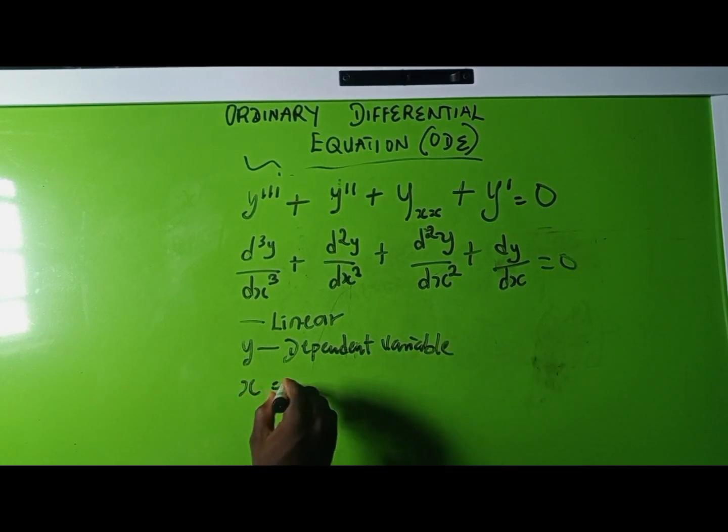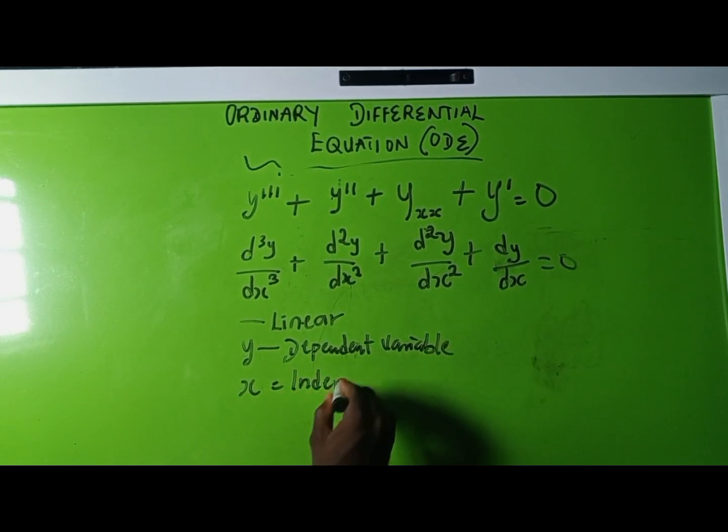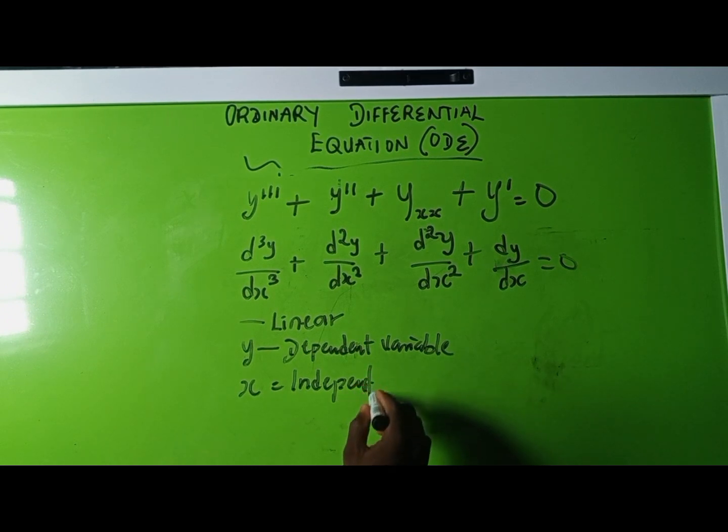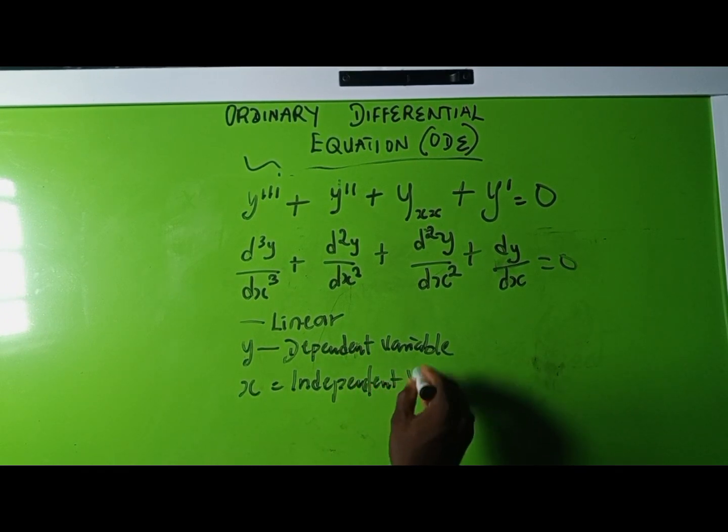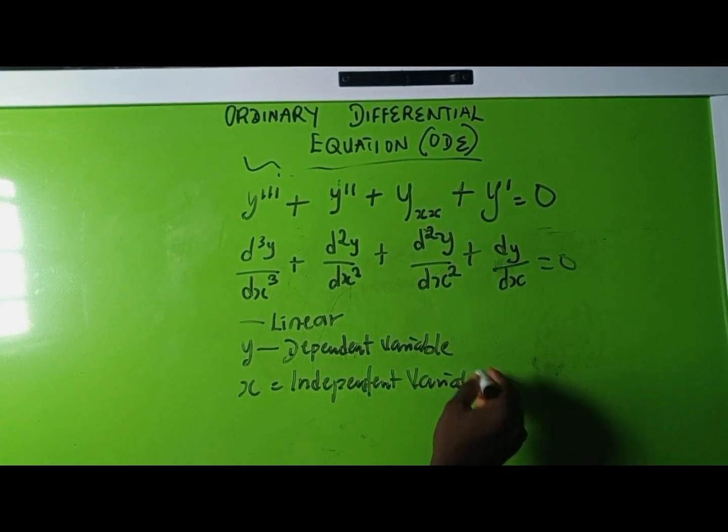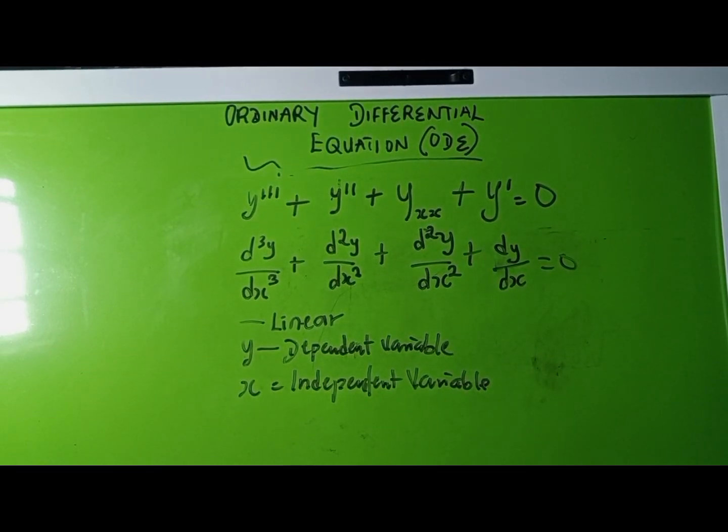Your x is your independent variable. Now we've classified the equation as a linear equation. We know what the dependent variable is and what the independent variable is. Now let's classify the equation to our order and degree.